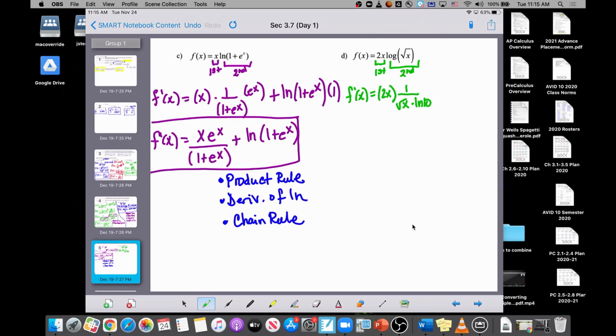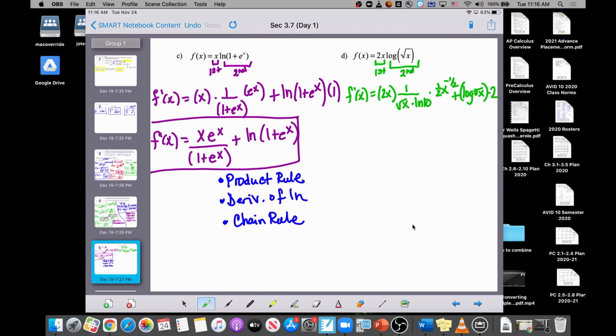And then we have to multiply by the derivative of what's inside the log, the derivative of the stuff, and the derivative of the square root of x is 1/2 x to the negative 1/2 power. That's first d second, plus now we have second, which is log of the square root of x, d first, derivative of 2x is 2.